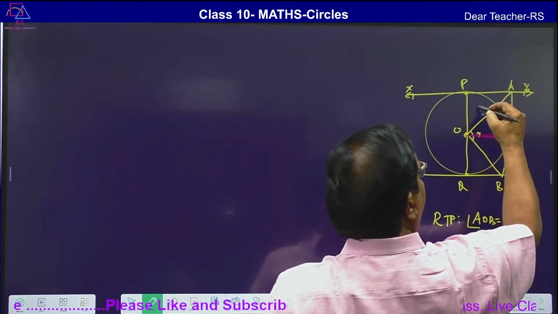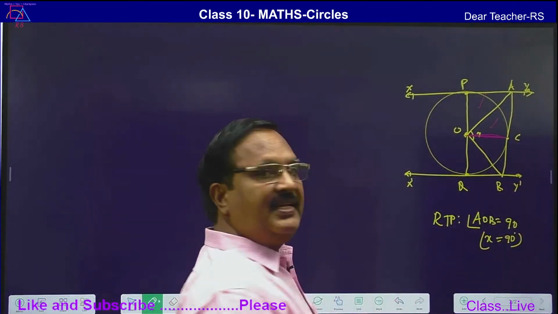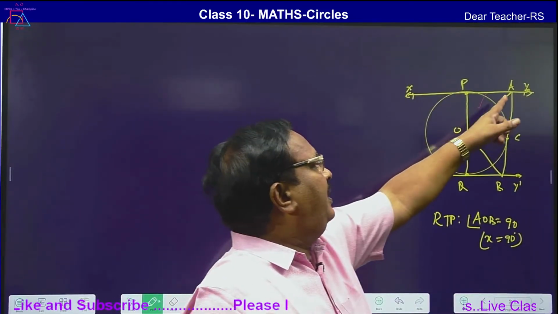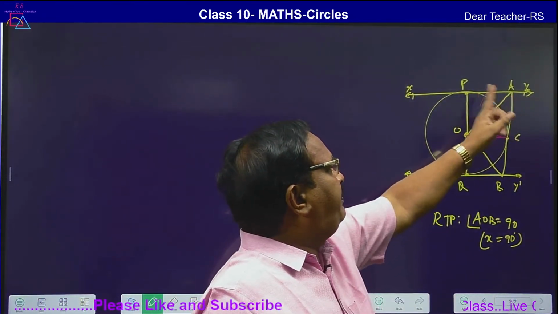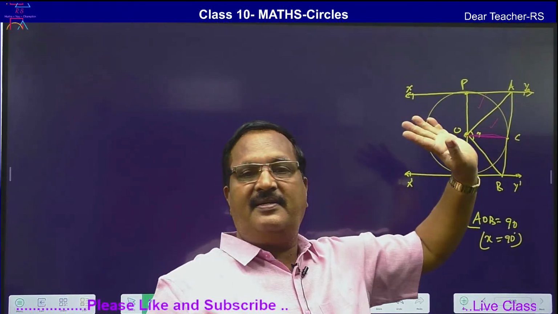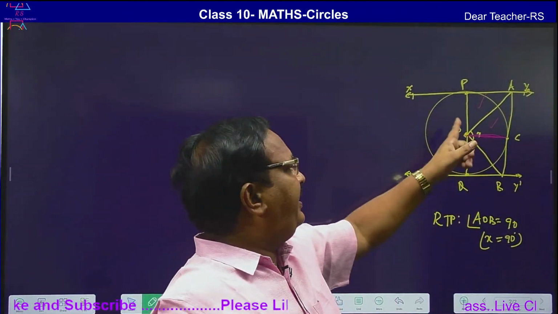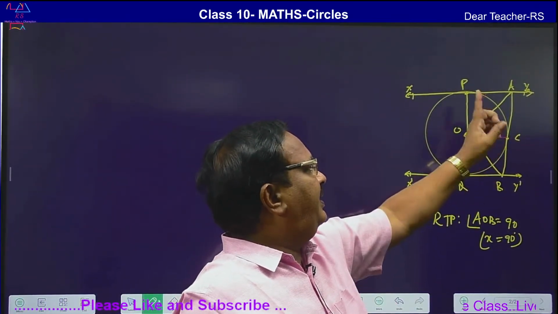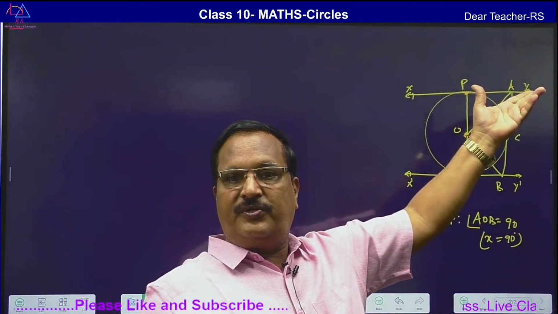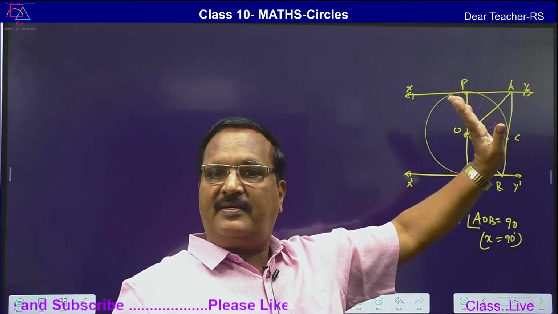Now previously we proved these two triangles are congruent in the theorem. That means to prove AP is equal to AC, we proved that these two triangles are congruent. Radius, hypotenuse is common, and so by RHS property they are congruent.